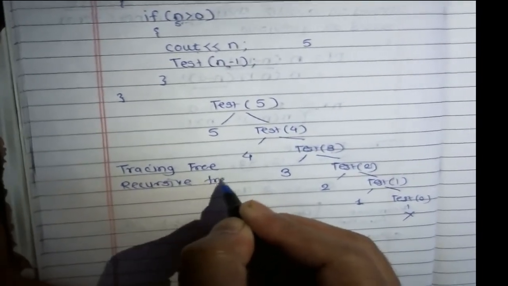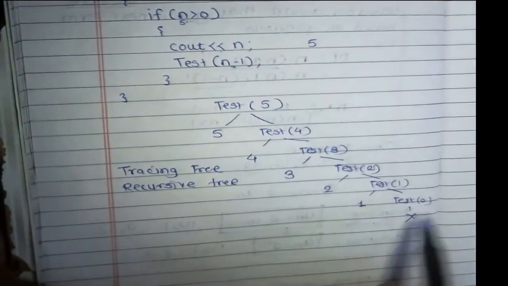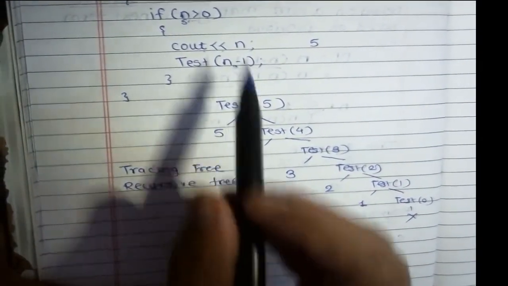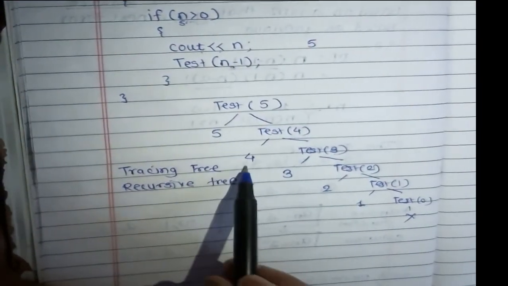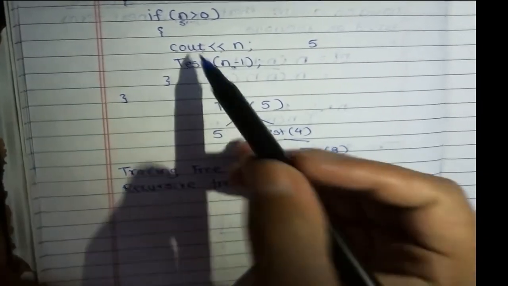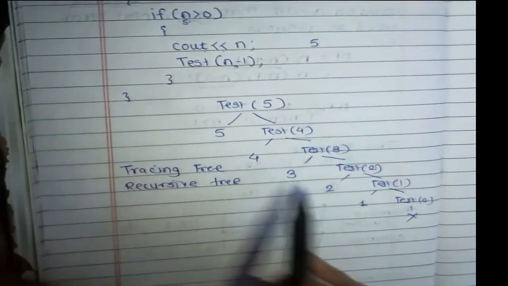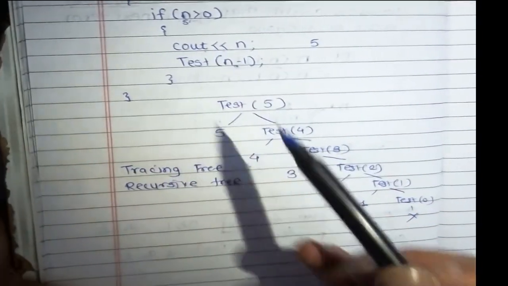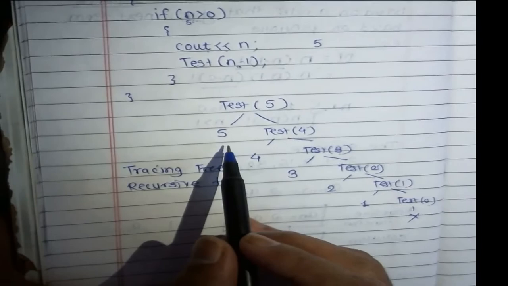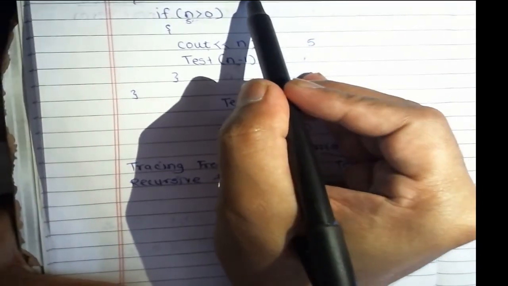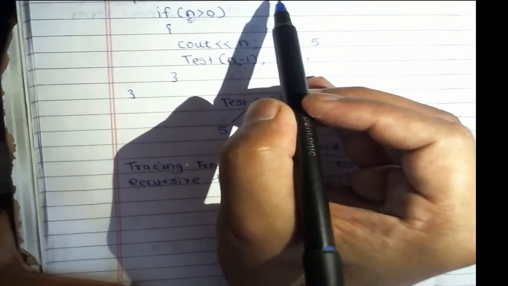This recursive tree tells us everything. This particular function will print 5 4 3 2 1 on the screen. We have written simple 3 lines of code to print this sequence. We cannot say it is only used for printing 5 to 1. We can pass 100 as a parameter to print all the values from 100 to 1 in decreasing order.